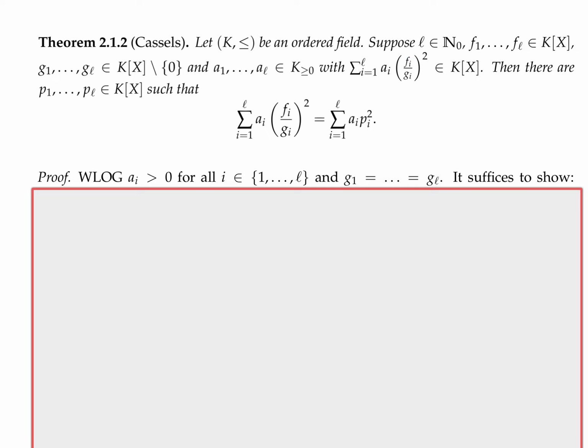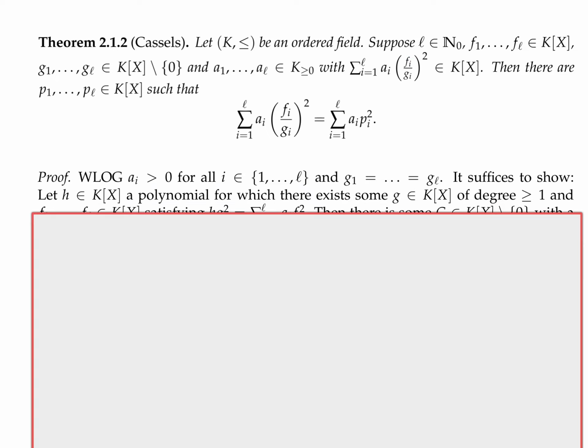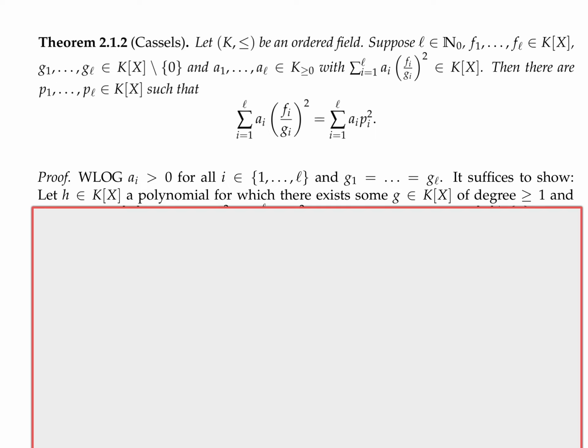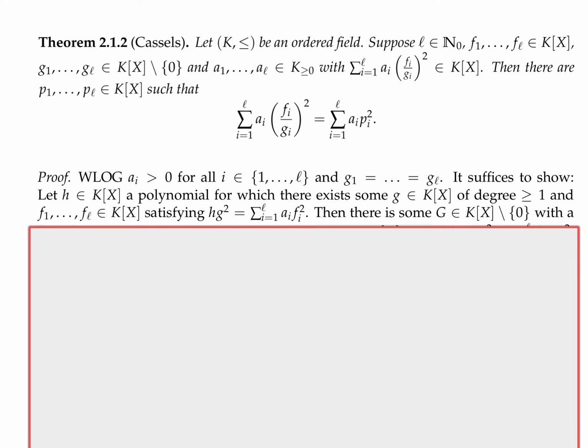And so it suffices to show the following. Let H be a polynomial for which there exists some polynomial G of degree greater than or equal 1, and F1 up to Fl polynomials satisfying H g squared equals the sum of the ai Fi squared, right?